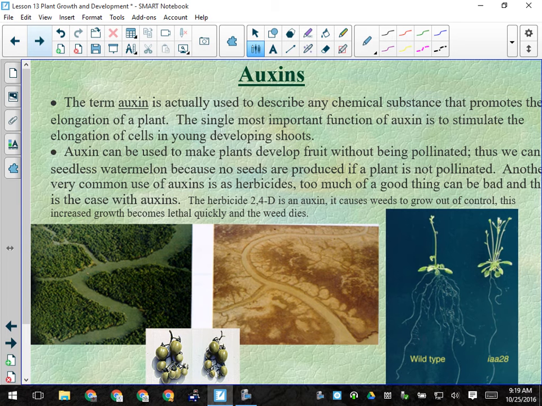Okay, now these two pictures here are of the same place, taken a few weeks apart. What do you think happened there?